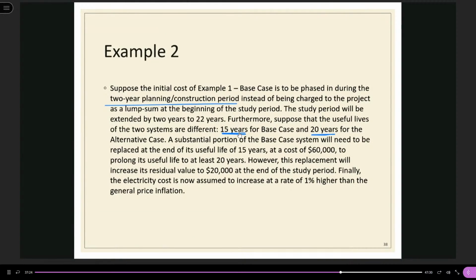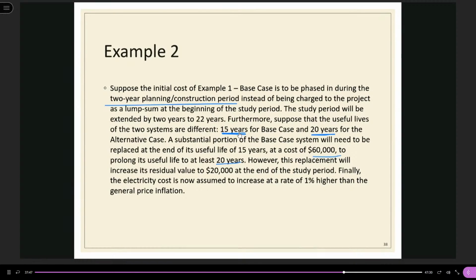So it means that after 15 years, the system will need to be disposed. Otherwise, you pay $60,000 to replace some essential components, then you can extend its useful life to 20 years.